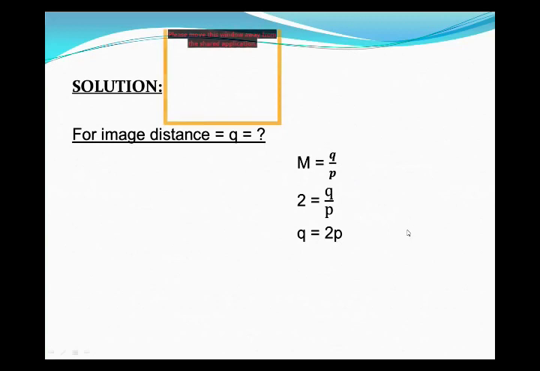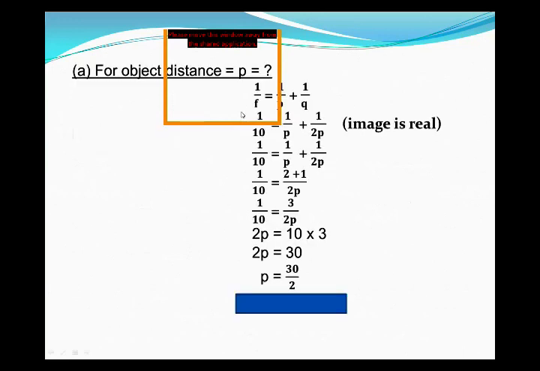Now, students, we are going to find out the object distance when the image is real. So here we will use the lens formula, 1 over f is equal to 1 over p plus 1 over q.